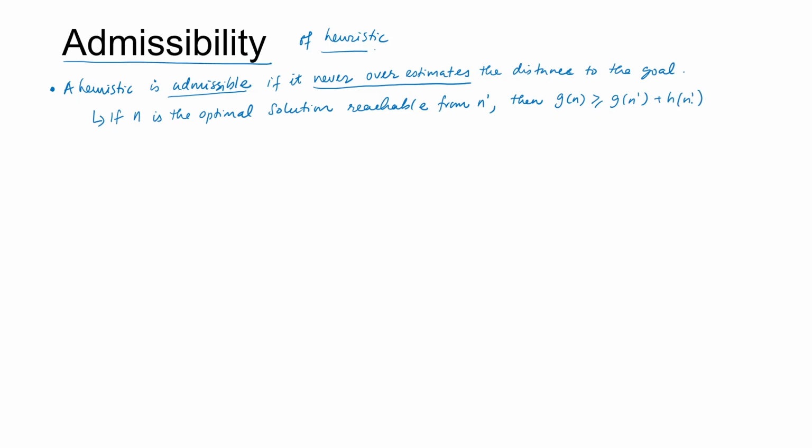That is the logic. So, if n is the optimal solution which is reachable from n prime or n dash, then g of n should be greater than or equal to g of n prime plus h of n prime. So, second one is straight line distance is admissible.